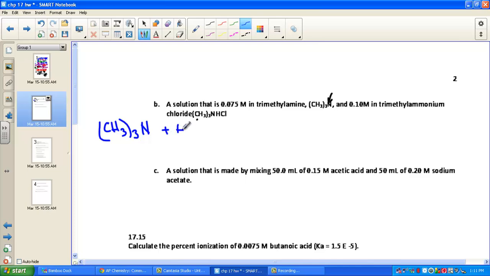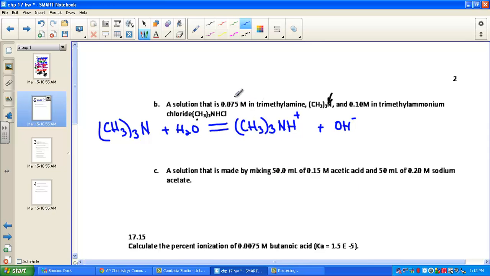Amine. When it undergoes hydrolysis, it sets up an equilibrium, forming its conjugate acid, CH3 taken 3 times, with the extra proton added on to the nitrogen, leaving the solution basic, OH negative.